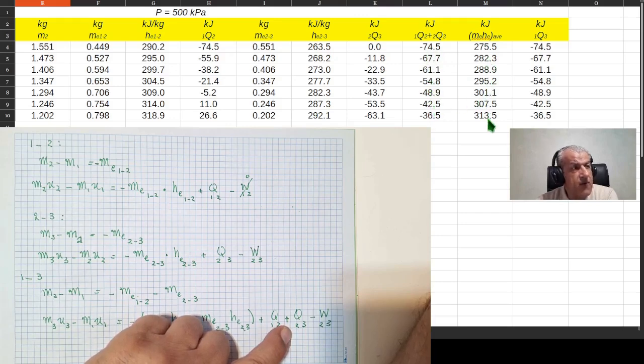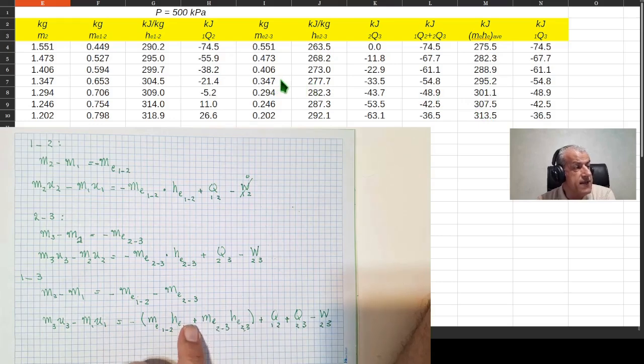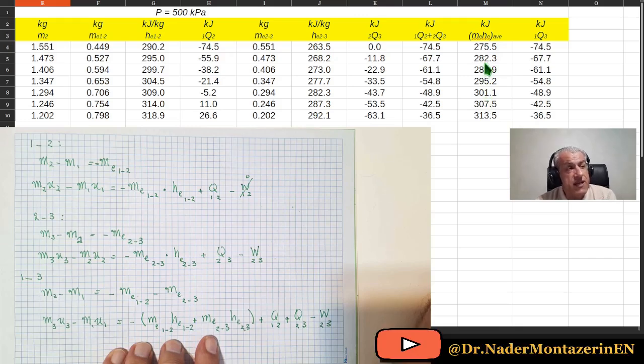Here, I have just calculated this term: me12 times he12 and me23 times he23. I have multiplied them and added them together, and this would be, in fact, a mass-weighted average for he.